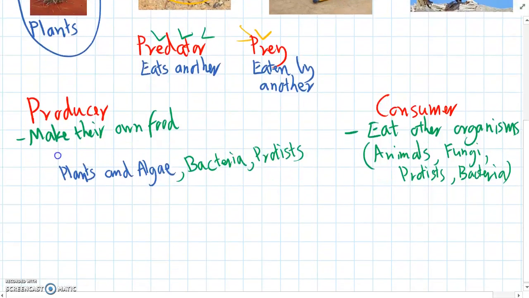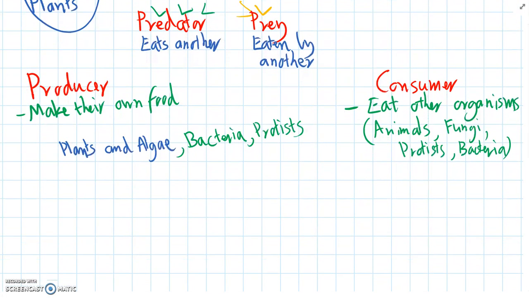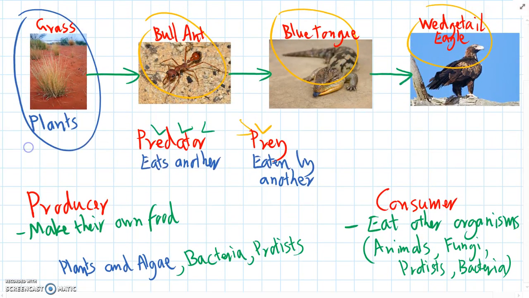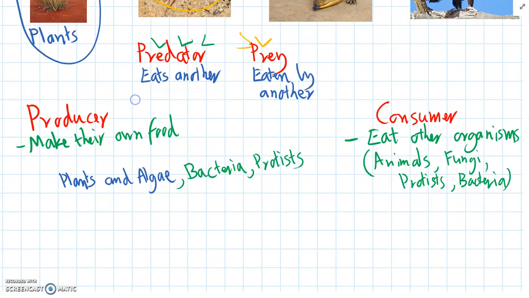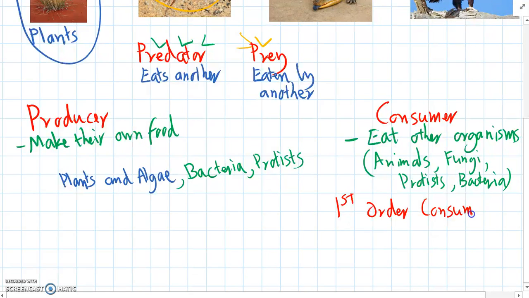Finally, there are different ways that we can name each step in our food chain. So we had our producer, which is our plant. The next organism along in the food chain is our first consumer, and we can call that the first order consumer. Sometimes you might hear it being called the primary consumer as well.